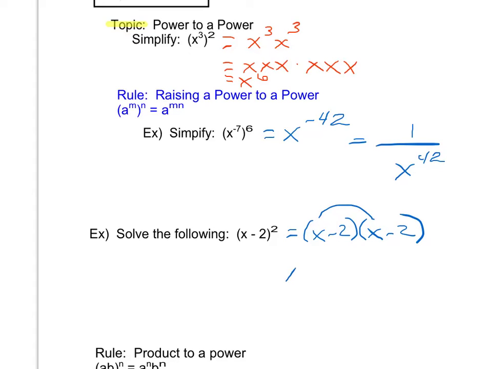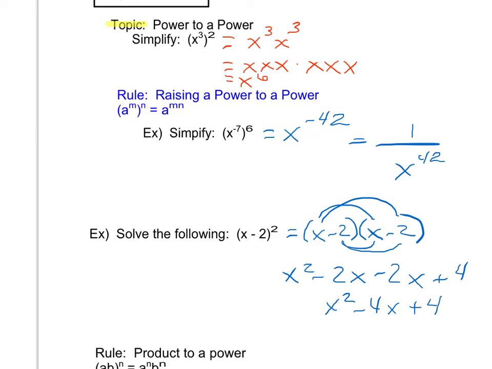Either way, I do x times x is x squared. x times minus 2 is minus 2x. Minus 2 times x is another minus 2x. Minus 2 times minus 2 is a positive 4. I combine my like terms and I get x squared minus 4x plus 4. So, when I had a binomial squared, I wrote it twice and FOILed or distributed it out. That is not going to change.